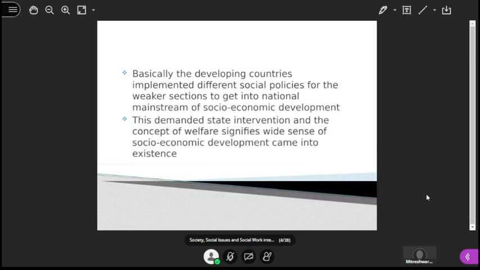So basically, the developing countries implemented different social policies for the weaker section to get into the national mainstream of socioeconomic development. This demanded state intervention, and the concept of welfare signifies a wide sense of socioeconomic development came into existence.